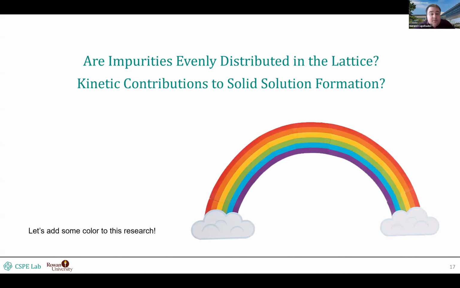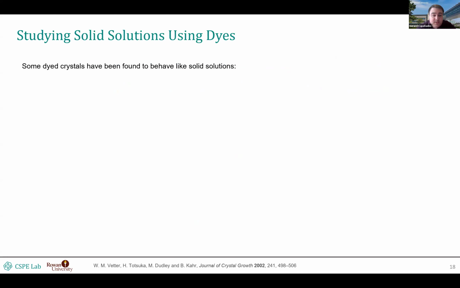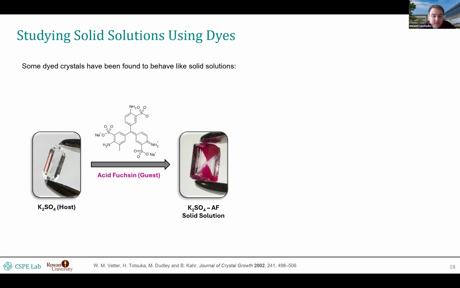So we decided to add a little bit of color to the research, right? We started looking at the literature and found some dyed crystals, of course. If you have an impurity that has some color, even though it's not the most industrially relevant, it allows you to fundamentally study how the systems behave, right? So this is an example for potassium sulfate.